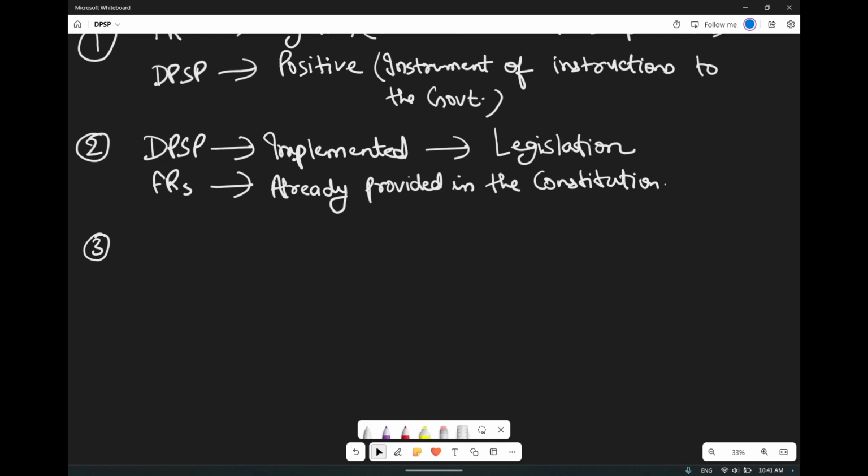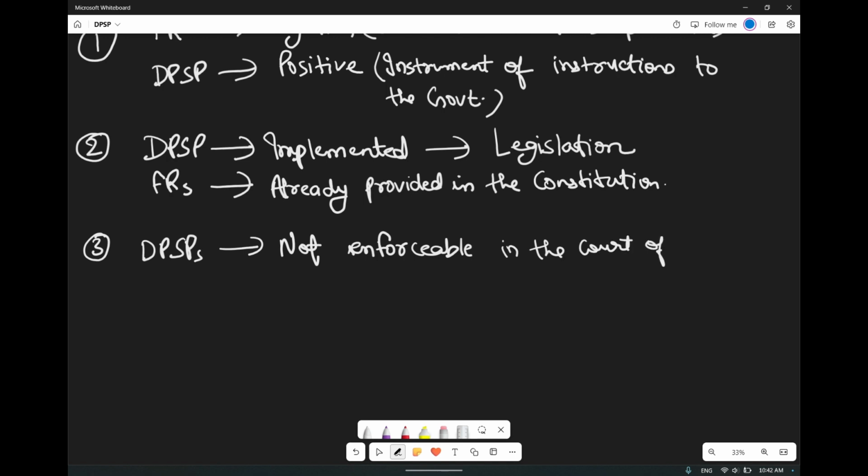I'm talking about special treatment or reservation kind of things. If the government is not providing that, you can't drag the government into court, because whatever we have studied in the DPSP is not enforceable in the court of law.